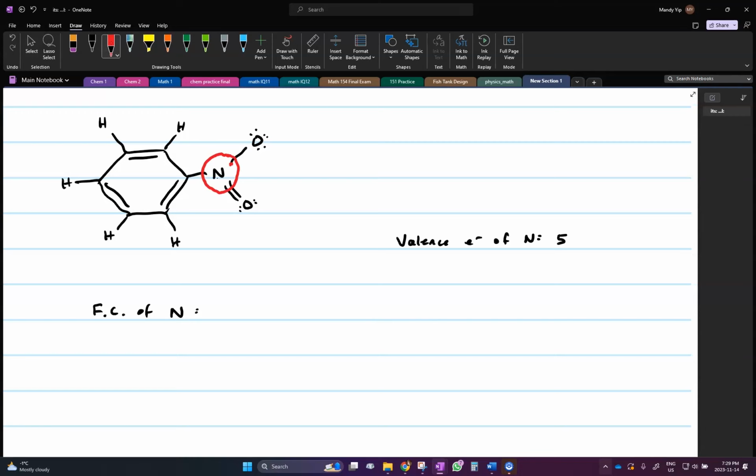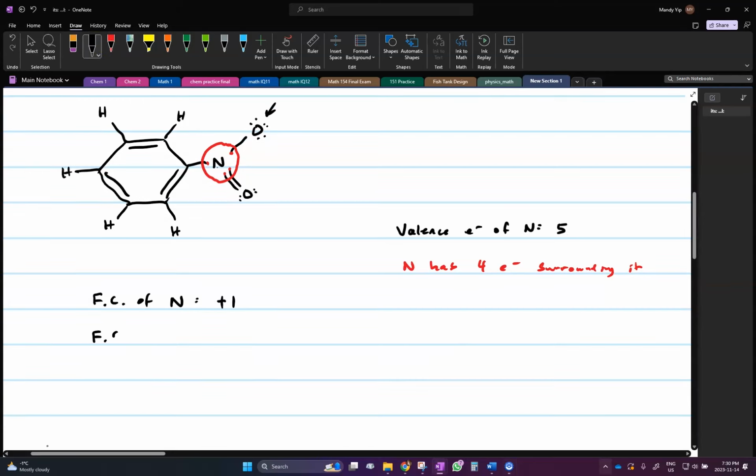Well, 1, 2, 3, 4. So nitrogen has 4 electrons surrounding it. So what does that mean? It means nitrogen is missing 1 electron. If it's missing 1 negative charge, it's plus 1.